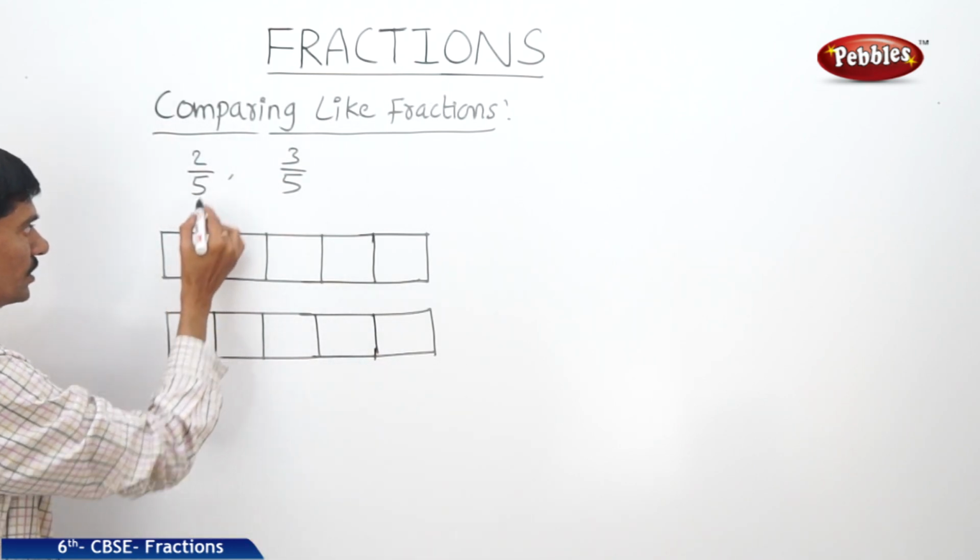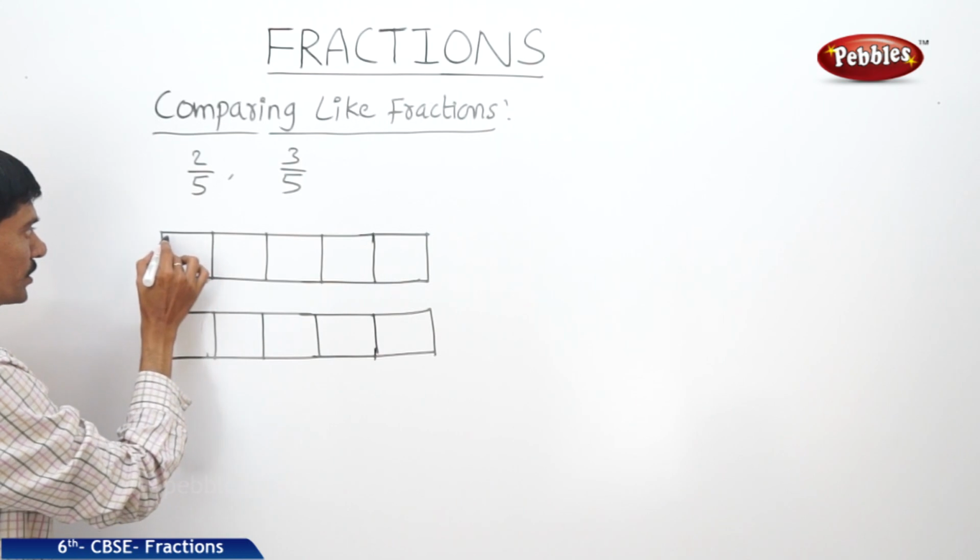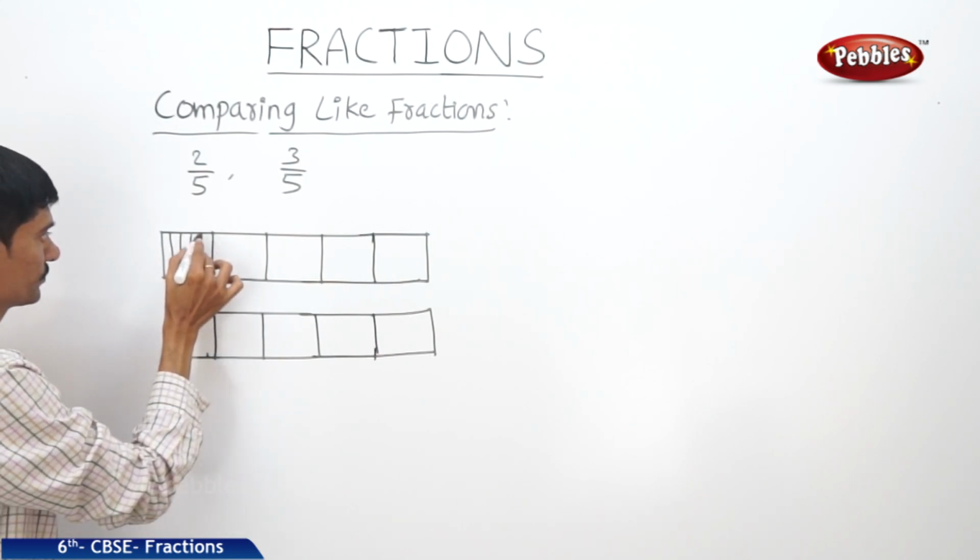Now in the first case, 2 parts are shaded out of 5 equal parts.